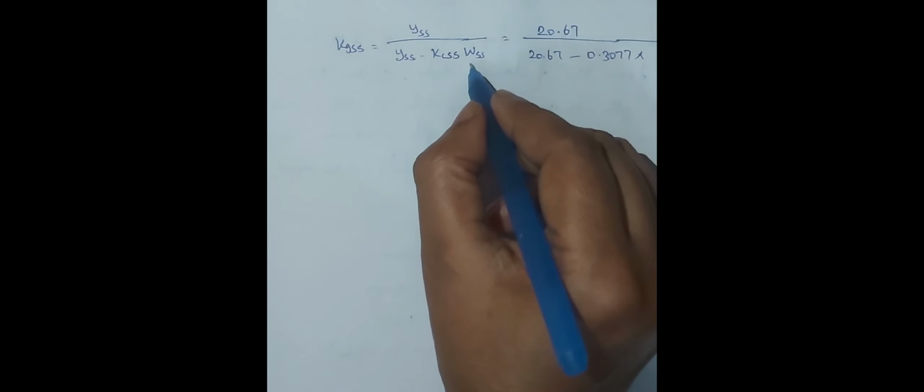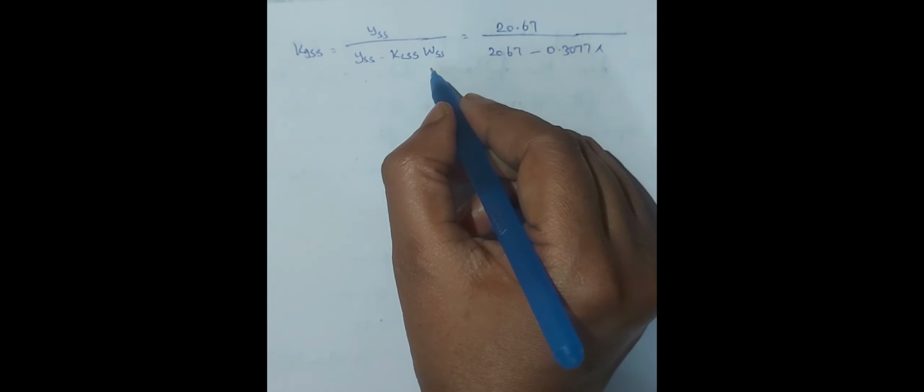The stator slot pitch we found out is 20.67, correct, divided by 20.67, everything is in mm, minus the KCSS value 0.3077. WSS, width of the stator slot, is also 2 mm. We have given 2 mm.